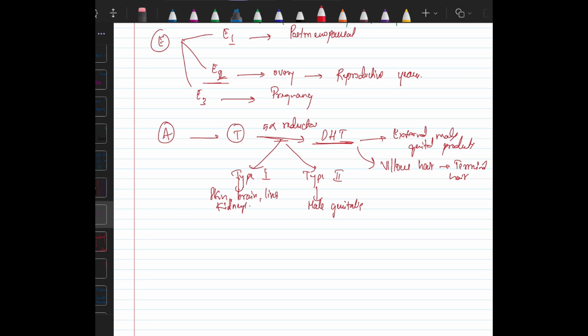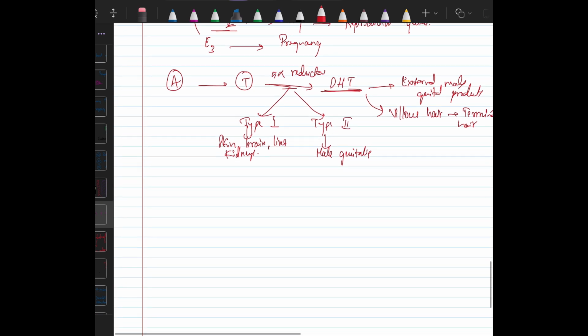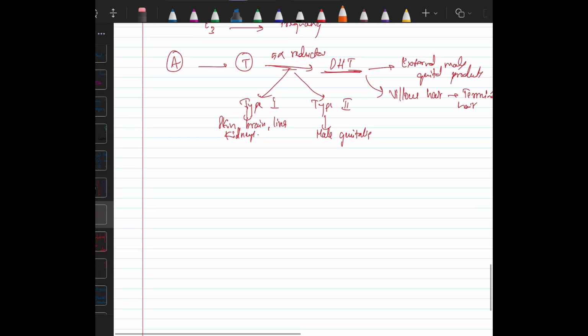Okay, so we are talking about the androgens in male. Now where do these androgens come in female? Why are we discussing androgens in gynecology? Because ovaries also produce androgen. So let's see from where these androgens are produced in females.